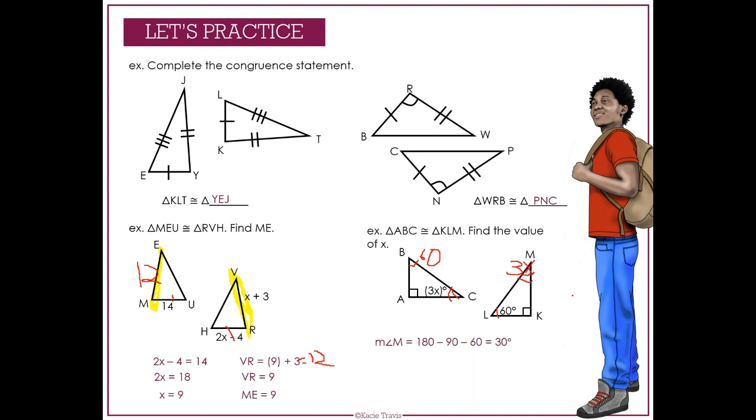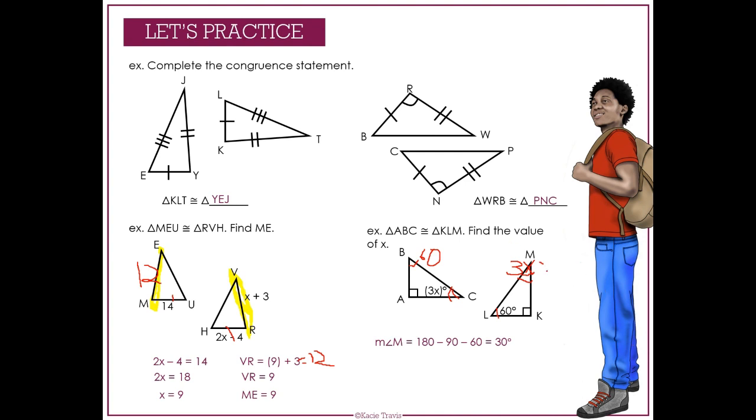Let me get over here. So, I know for me to find angle M here, I take the information that I have, and I could look at just that small triangle there, which is with the 60 degree and the 90 degree angle. If those two and that missing angle add up to 180, I could just subtract 60 and 90 from 180, give me that angle M is 30.